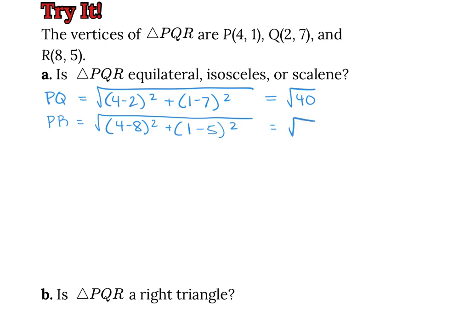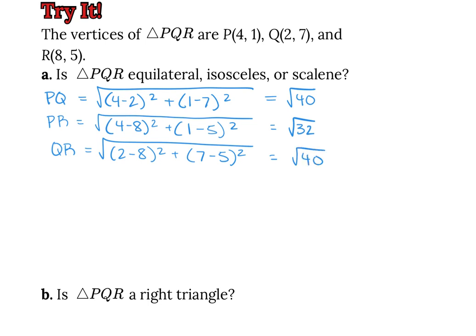That will simplify to the square root of 32. And then finally QR. And that's going to simplify to the square root of 40.